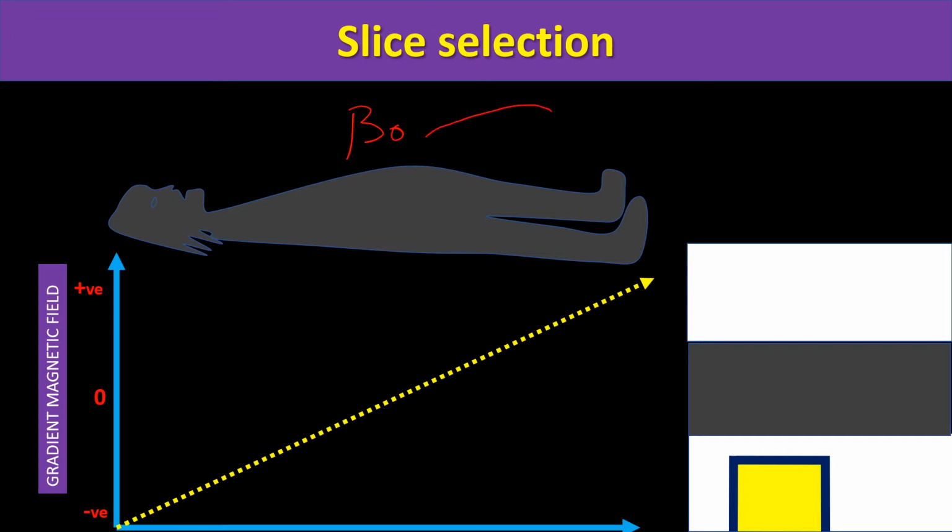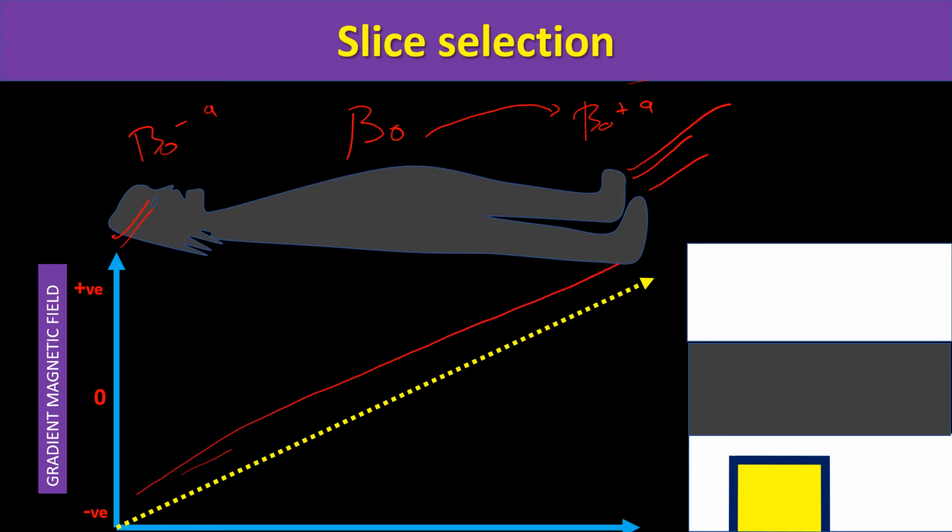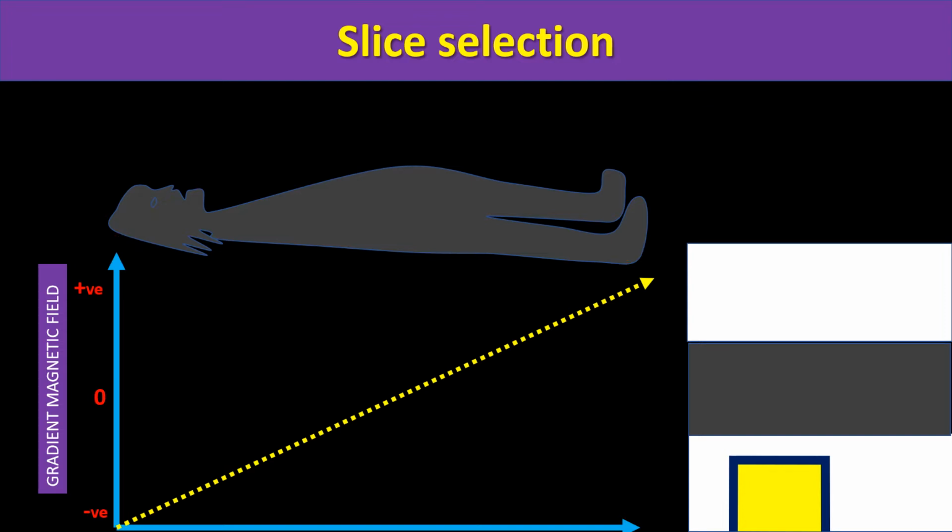We add some magnetic field to it, and also we subtract some magnetic field from it. So we get a gradient of magnetic field. Here there is maximum magnetic field, here there is minimum magnetic field. So there is a varying magnetic field when we go from head end to leg end, cranial to caudal.